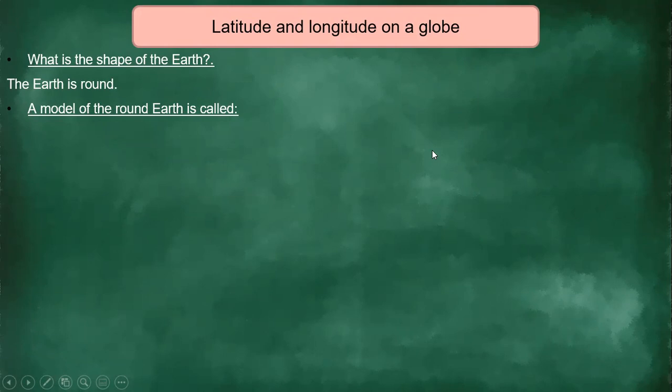Okay, Gia. Ma'am, a model of the round earth is called a globe. It is called a globe. Congratulations, that's correct. Thank you, Gia. Nice one. Okay, it is a globe right there in white.